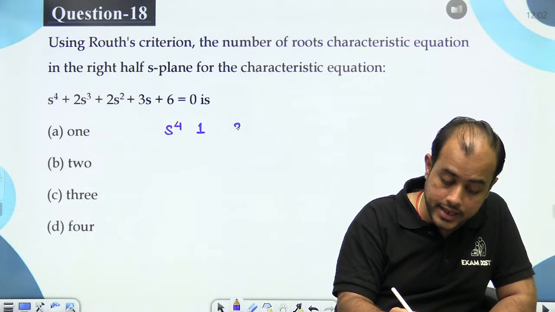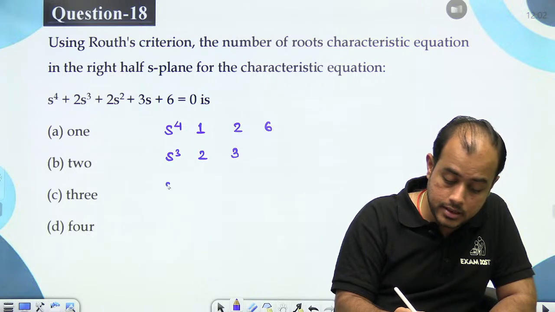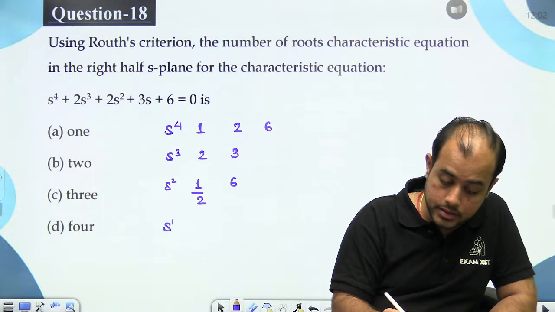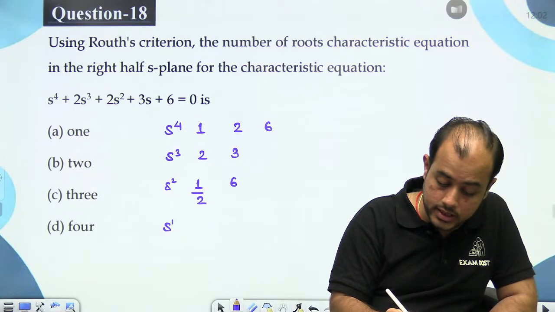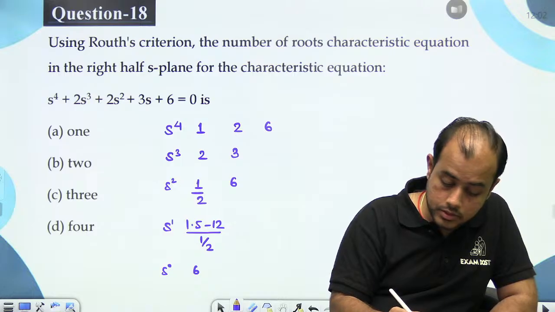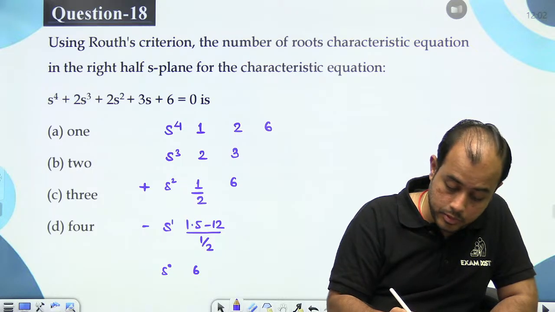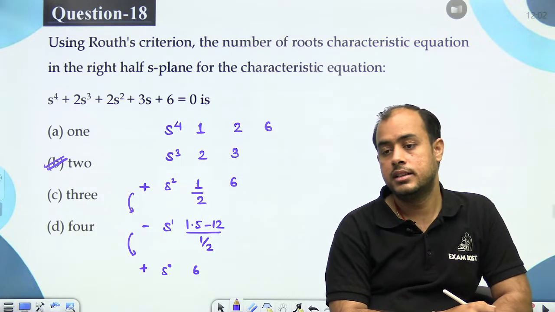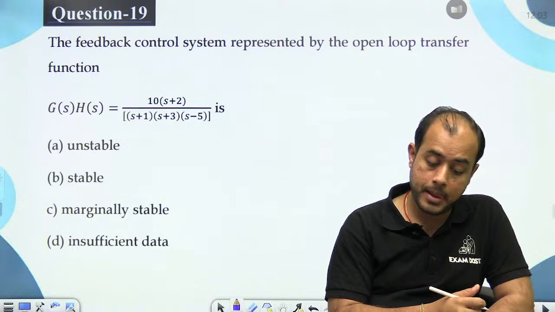So if you see, very easy questions are asked on the Routh criteria. 4 minus 3 is 1 by 2. Then this is 6, 3 by 2 minus 12. So this is negative, positive, positive. So there are two sign changes. So two poles in the RHP. दो sign change हो रहे हैं.